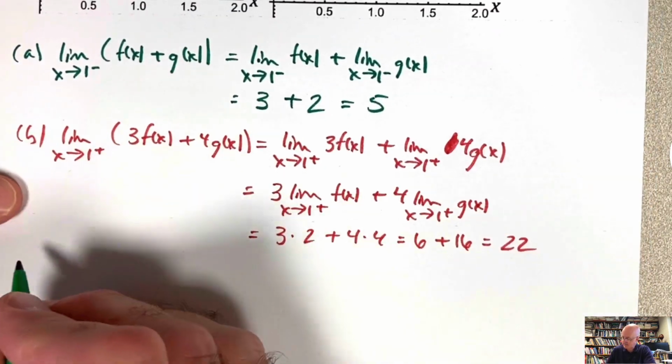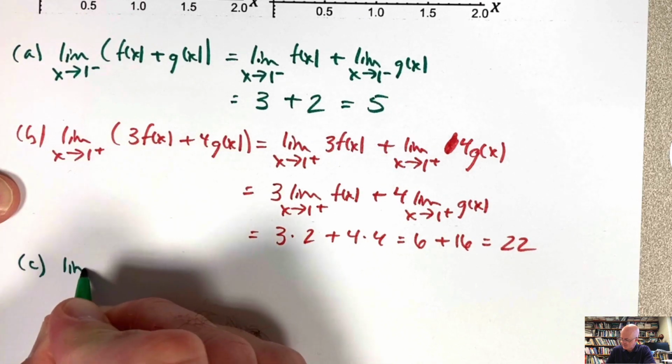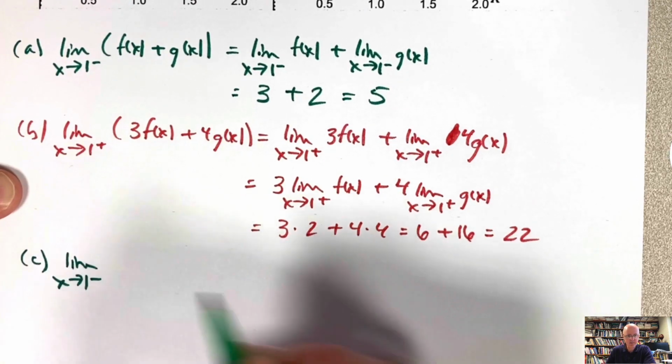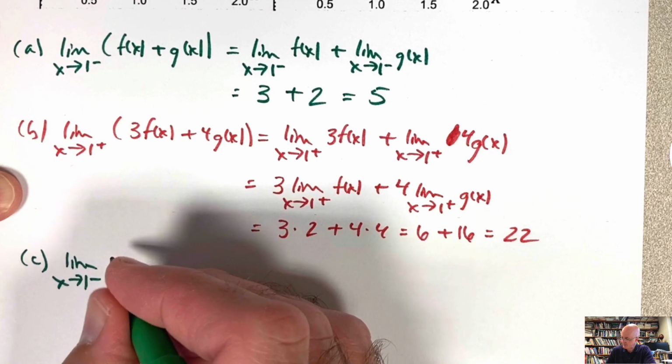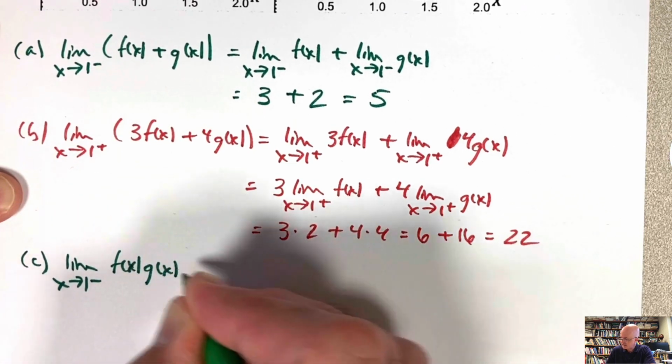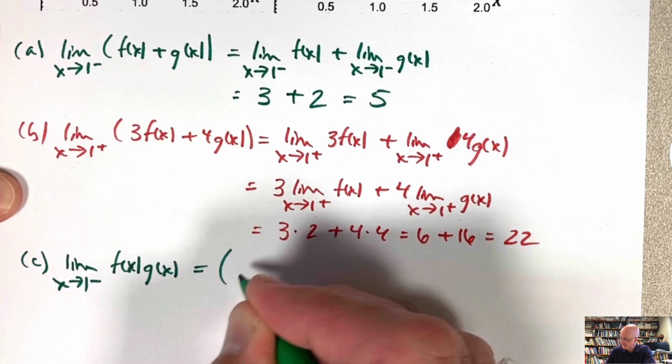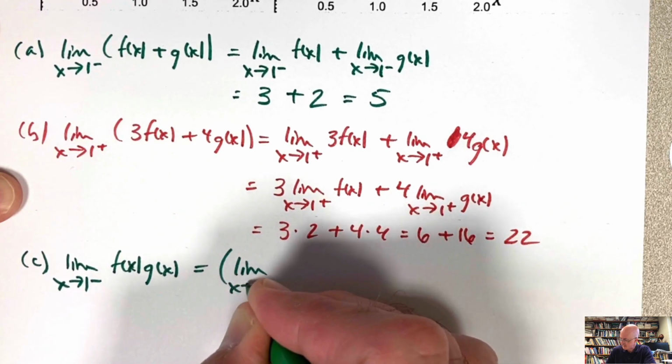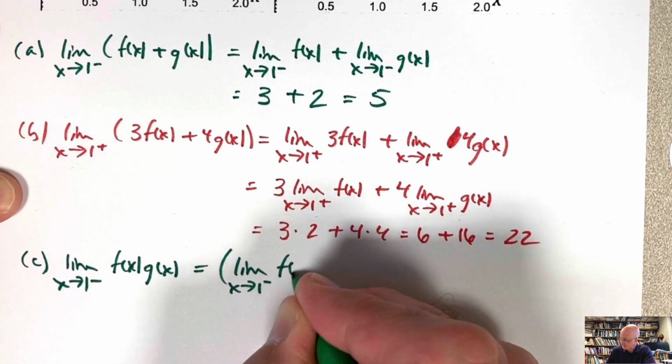But now let's be a bit more formal about it, using official properties of limits. Limit as x approaches 1 from the left of f of x times g of x. Assuming the limits of the individual functions exist, that's the product of the individual limits. Maybe use parentheses here for extra emphasis.